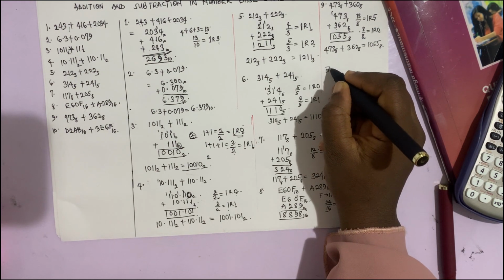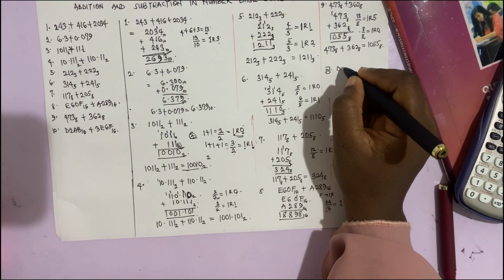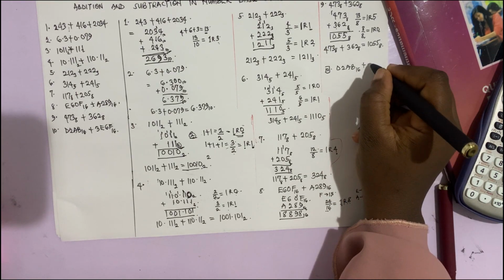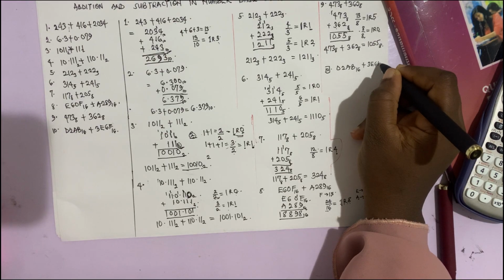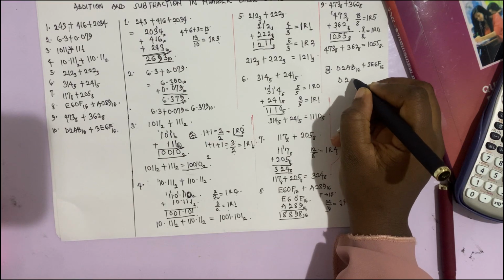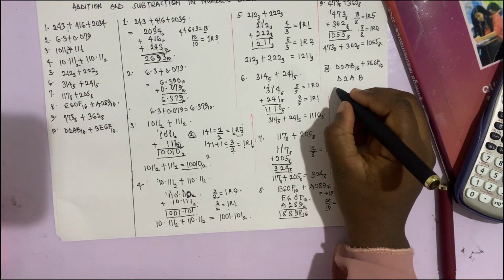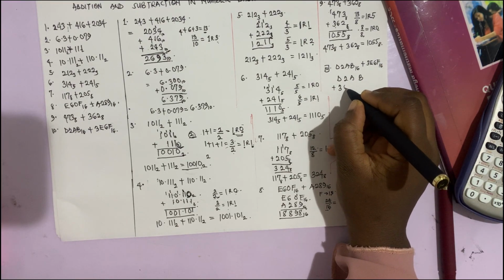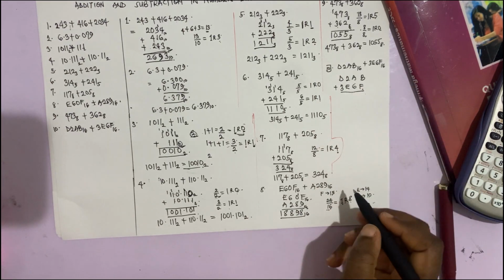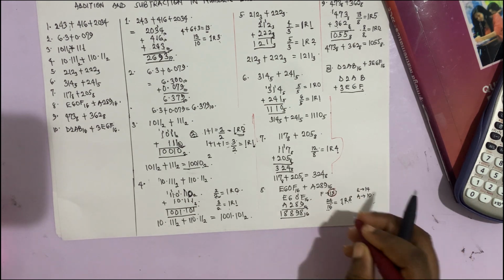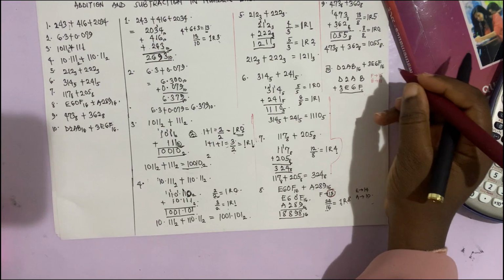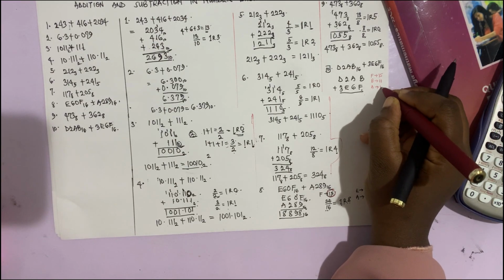And the last but not the least question, we have D2AB base 16 plus 3E6F base 16. So to do this, we have D2AB plus 3E6F. Remember, F in base 16 is what? It is 15. F is 15, B is 11, A is 10.